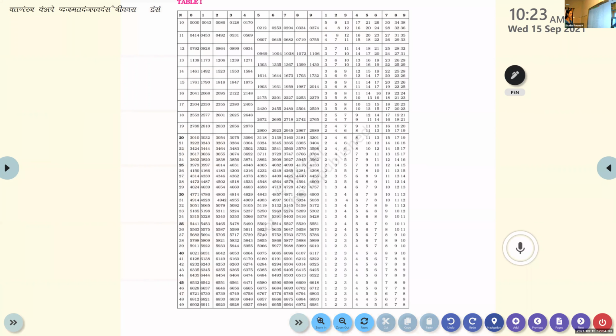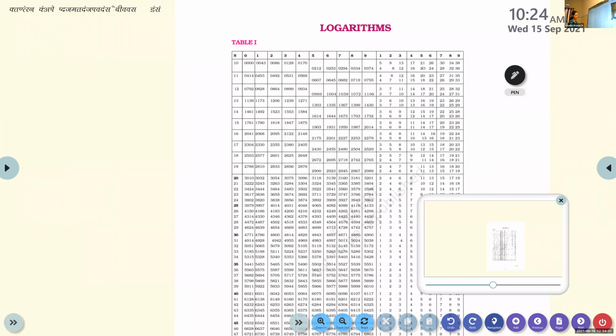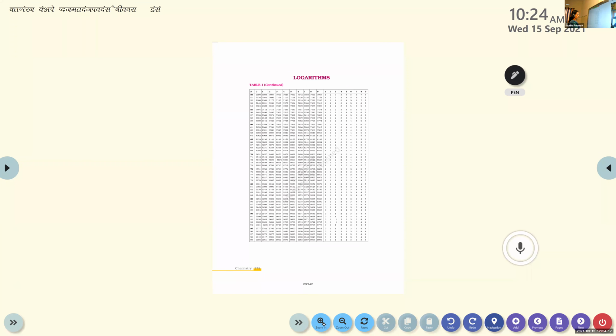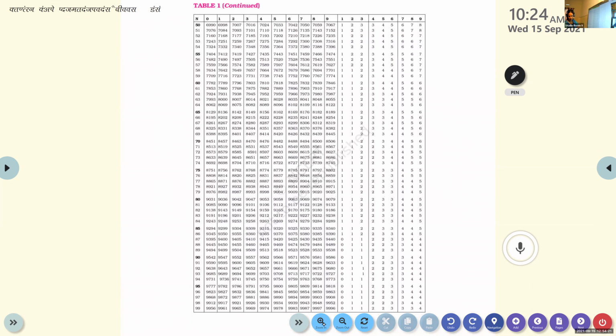We want to find log 9, isn't it? Log 9, what is it? Look at this. Log 9 means here it starts from 1, so you can start from 90. For 90, look at the value. For 900, what is the value?